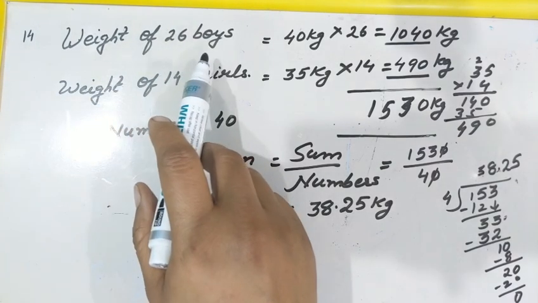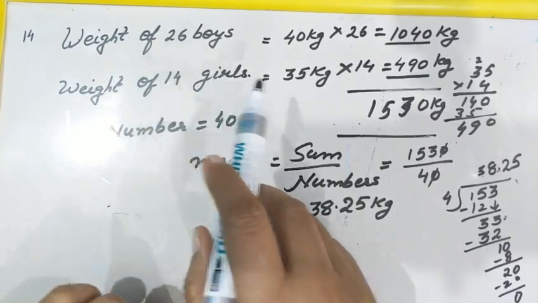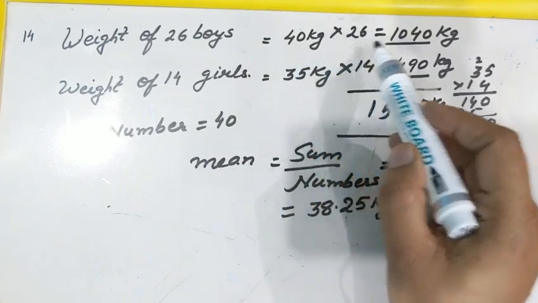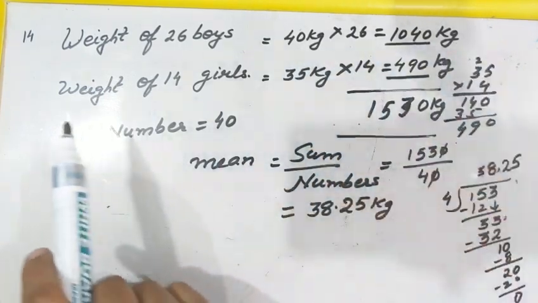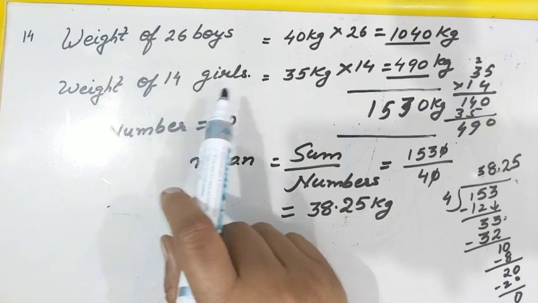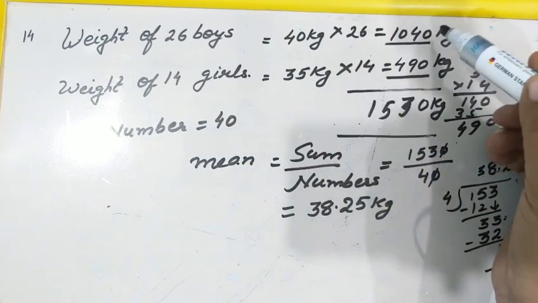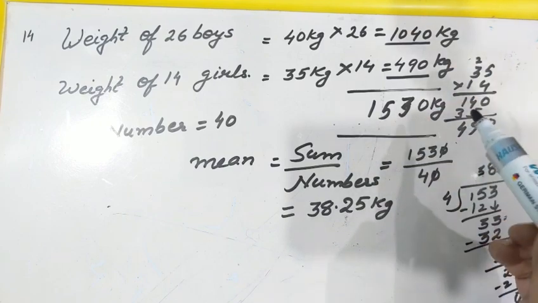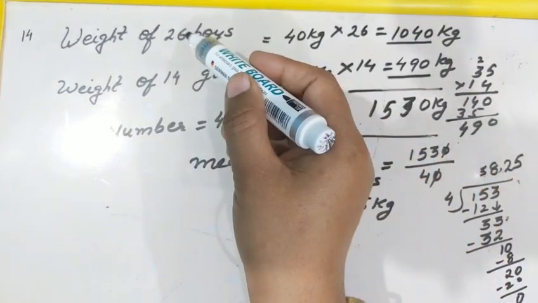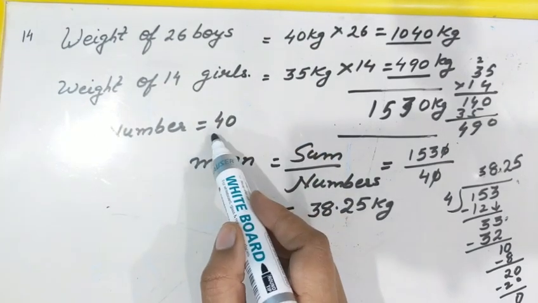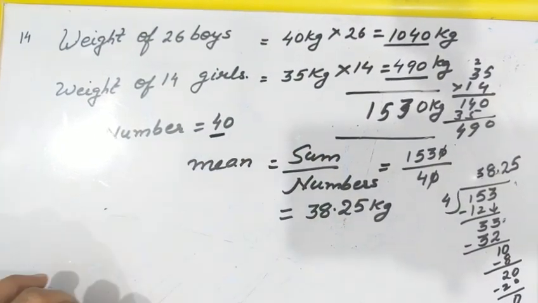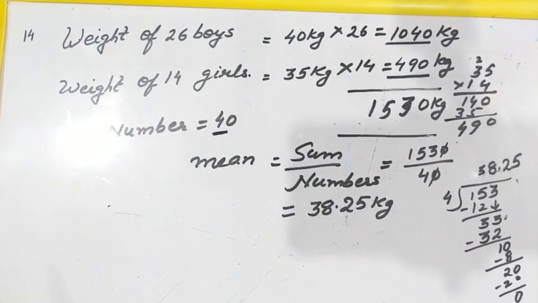The weight of 26 boys equals mean weight into 26, that is 1040 kg. Similarly, weight of 14 girls equals mean weight of girls into 14, that is 490 kg. When you sum up, you'll get the total weight of how many children? 26 boys plus 14 girls equals 40 students. Now the question is find the mean weight of the class.